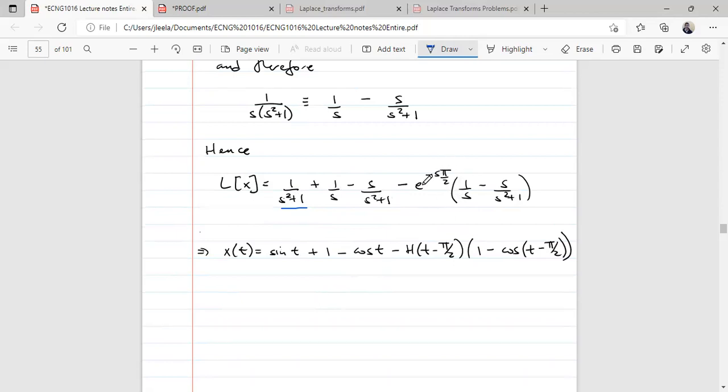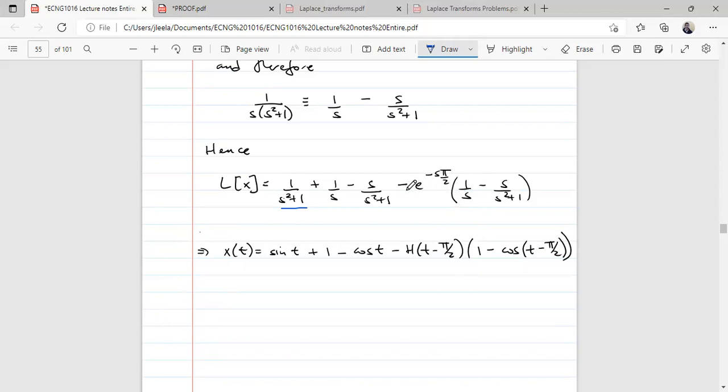And the Laplace inverse of this part here, that is e to the minus s pi over 2, 1 over s, will be minus the Heaviside t minus pi over 2 by 1, because the Laplace inverse of 1 over s is 1.